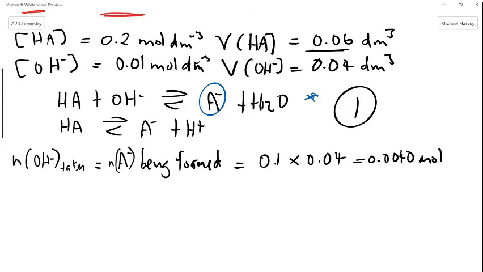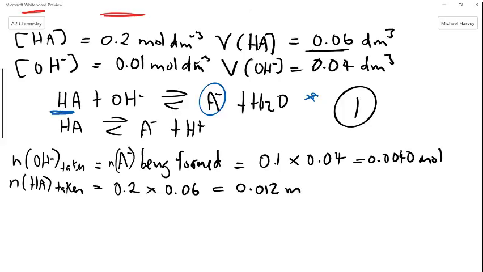Then we've also got to work out the number of moles of the weak acid being taken. Because as the reaction goes, the weak acid is reacting with the hydroxide to form more of this conjugate base. That's going to equal the concentration of the acid times the volume of the free acid, which is 0.012 moles.